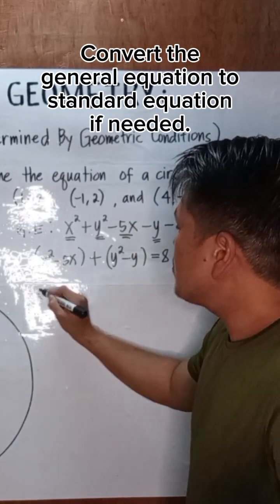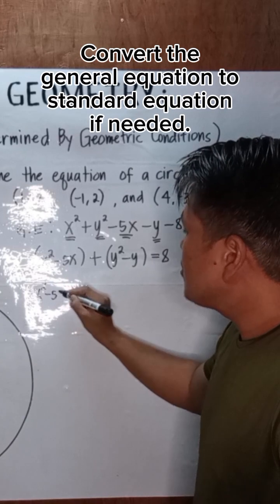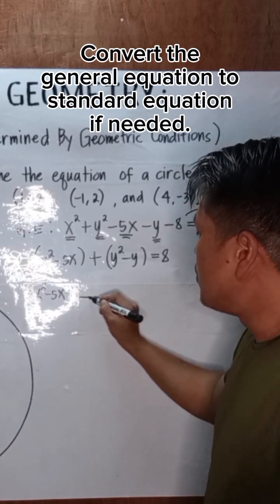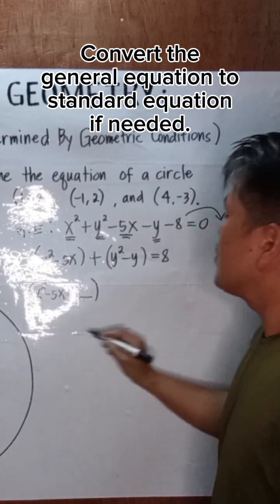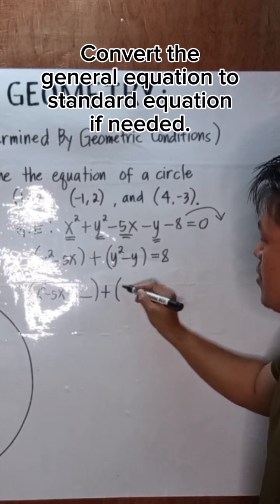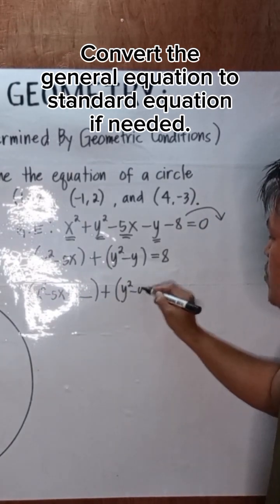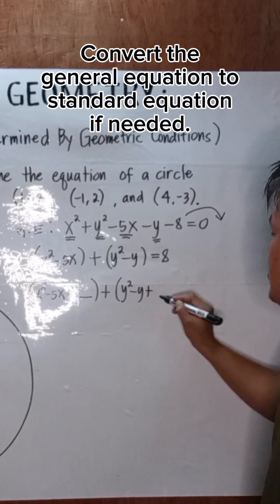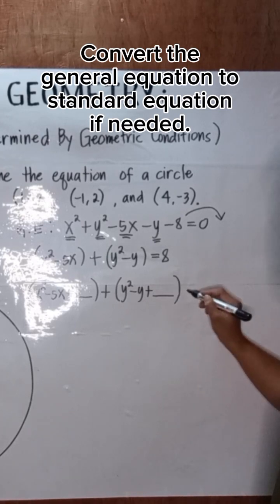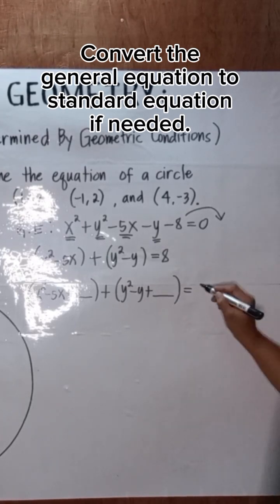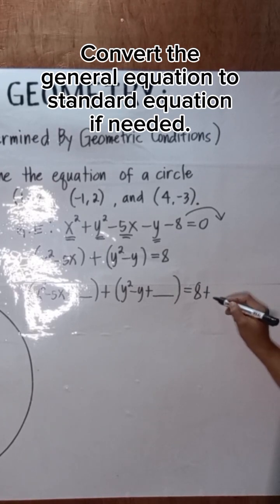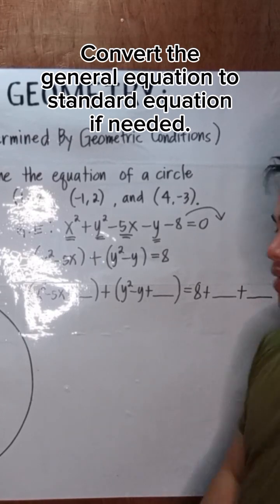We have x squared minus 5x plus the third term, then plus the quantity of y squared minus y plus the third term is equal to 8 plus third term ng x at plus third term ng y. Ayan.